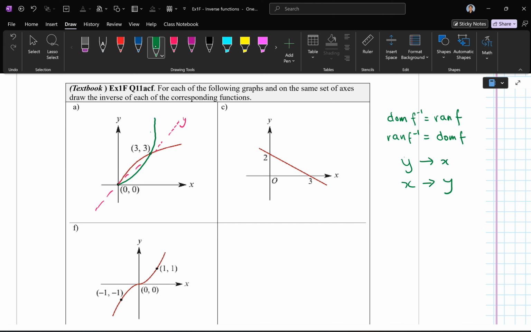You can tilt your head and you might be able to visualize it right now. See if you can visualize what the inverse function should look like. If you can't, using this property could help. So this point is (3, 0). This point is (0, 2). So if you swap those points, the first becomes (0, 3) and the other one becomes (2, 0).